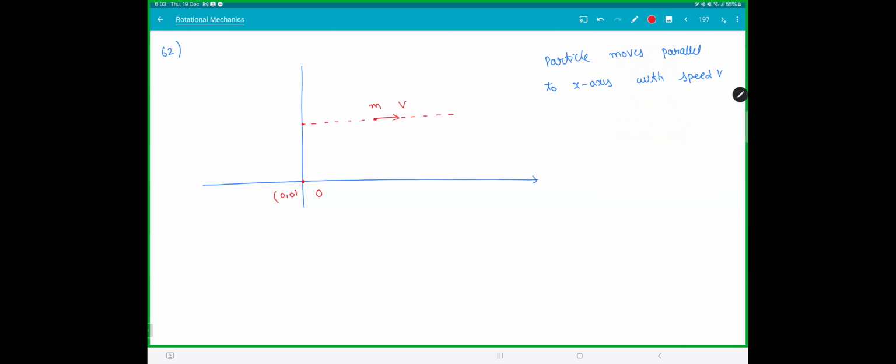Let's call this O. Let's call this point A, which is 0, comma D. Let's call this point B, which is 4D, comma minus D. Let's call this point C, which is minus D, comma 6D. Find the angular momentum about O, A, B, C. So depending on where you're standing, you can have different angular momentums. Just like torque, when I say angular momentum, your first question should be, sir, about what axis?